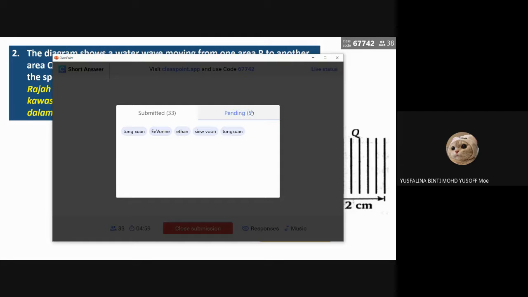Okay, 2 more. Yvonne, teacher already submit already. So who's one more? So Yvonne also already submit. Tongzuan also already submit, right? Because you have 3 names. Okay, later I will check. Choose another one.